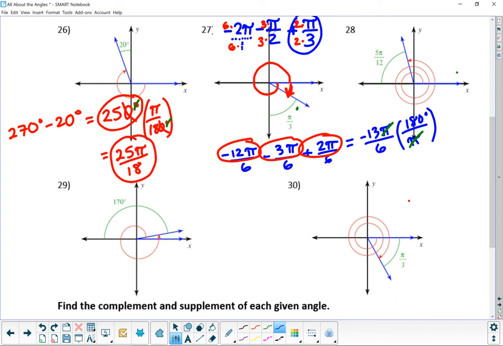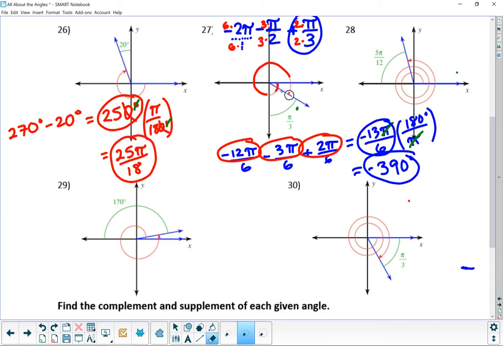So the answer is negative 390 degrees. Those are my two answers right here. Okay. And if you think about this, yeah, it actually does make sense. If I'm using degrees, right?